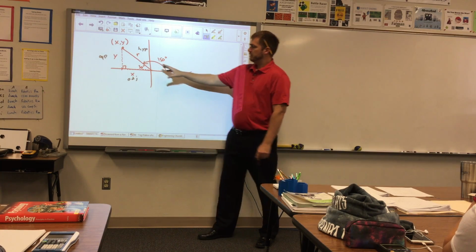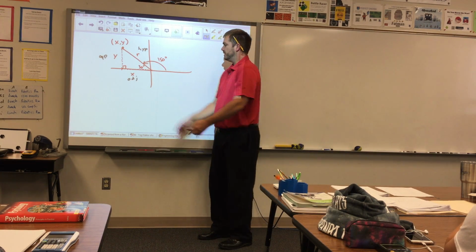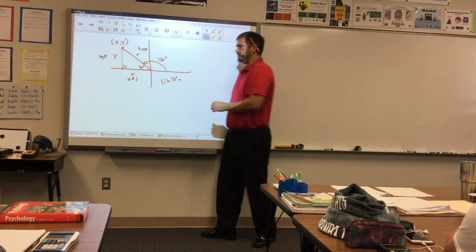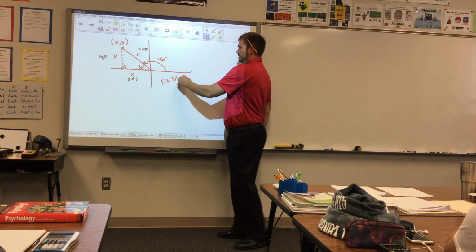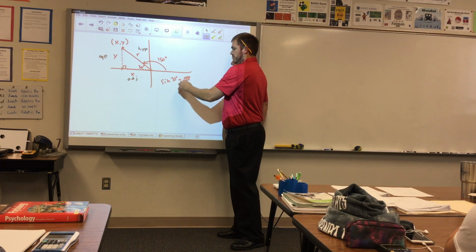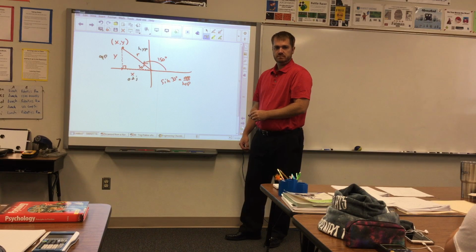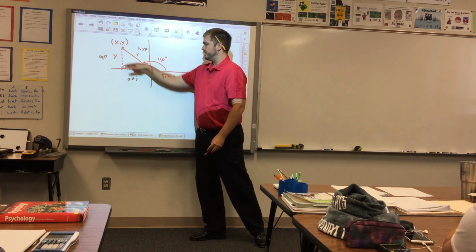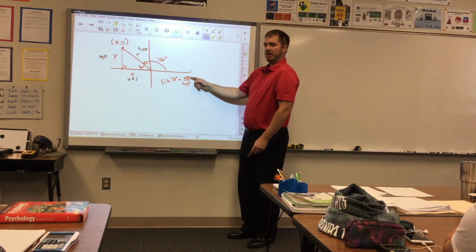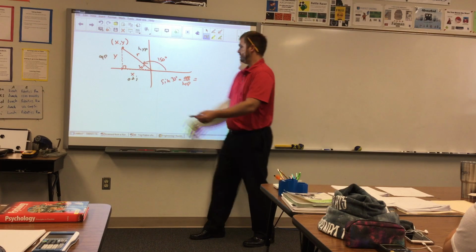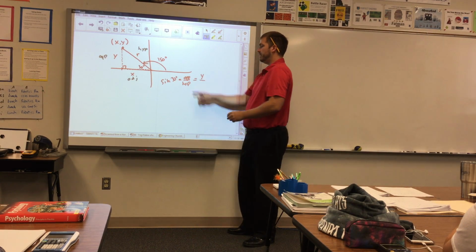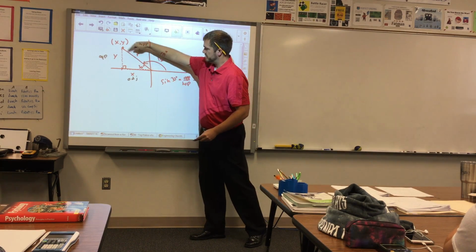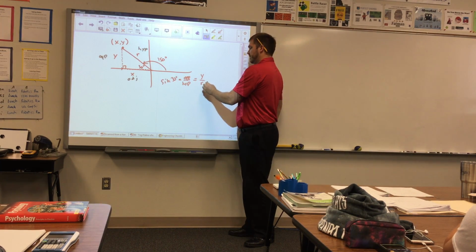So what we've been doing for a long time is we can talk about the sine of 30 degrees. That's going to be the opposite over the hypotenuse, right? So if we think about that in terms of these x's, y's, and r's, the opposite is the y value, and the hypotenuse is r.